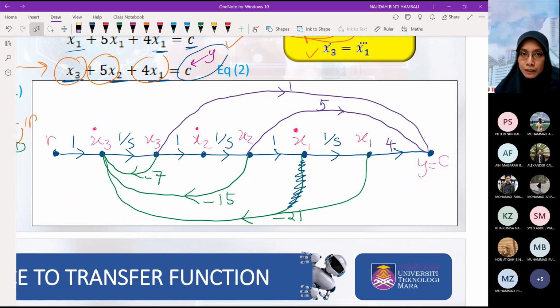Okay, so start labeling, the most left is your input R, the most right is your Y, which is equal to C. To the left of the output, you must start with your first state variable X1. Then, to the left of X1, you must put X1 dot.